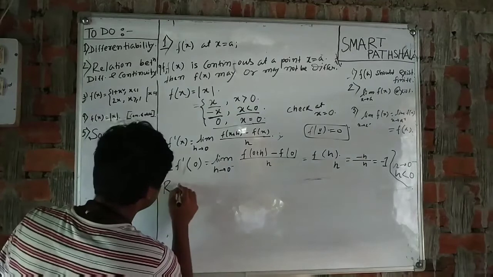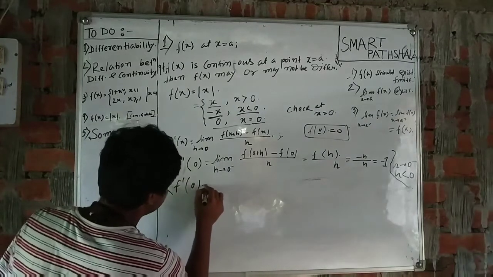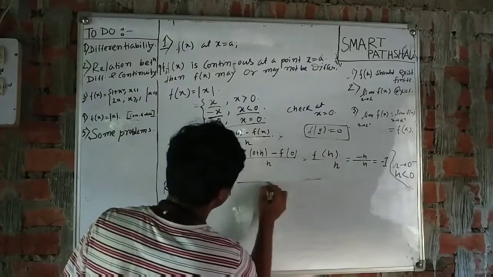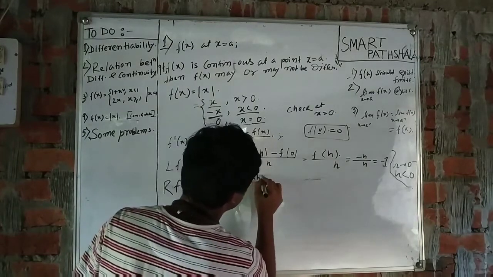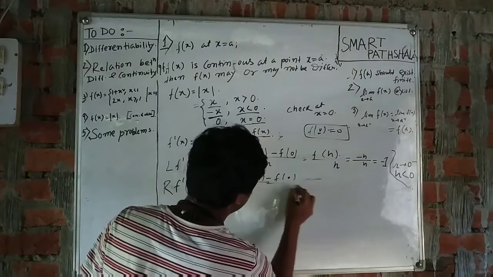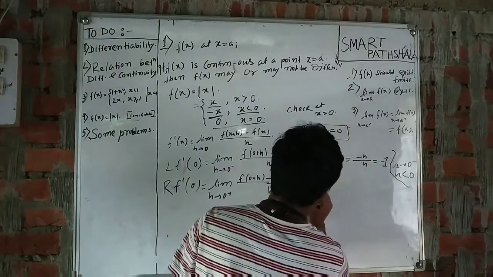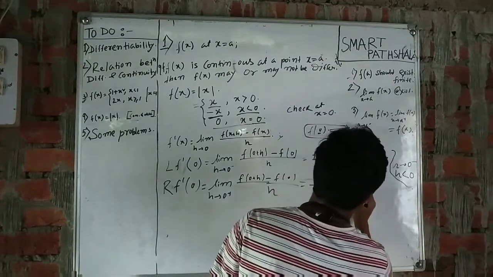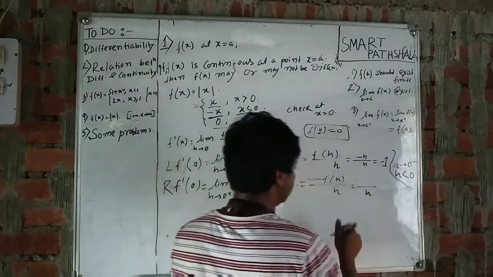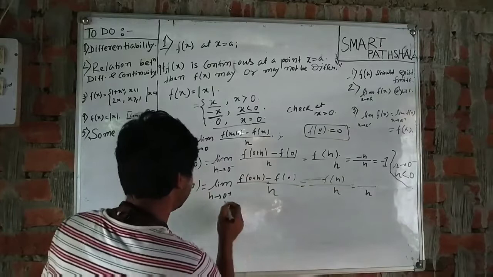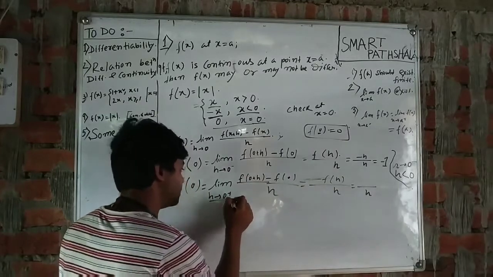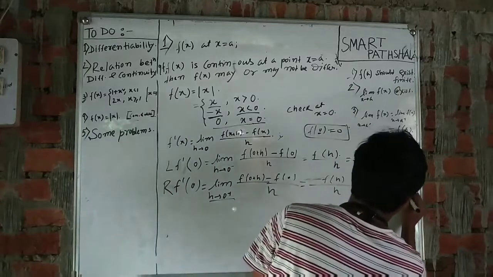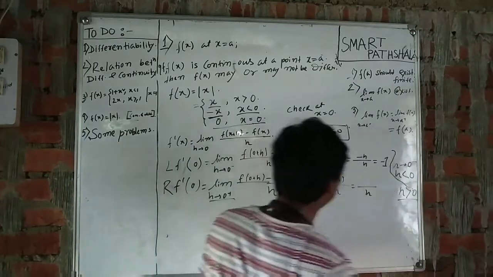Now the right hand derivative of f of x at x equal to 0. Similarly, we will go through this. f of 0 plus h minus f of 0 by h is equal to f of h by h. In this condition, h is approaching 0 from the right hand side, which means h is obviously greater than 0.